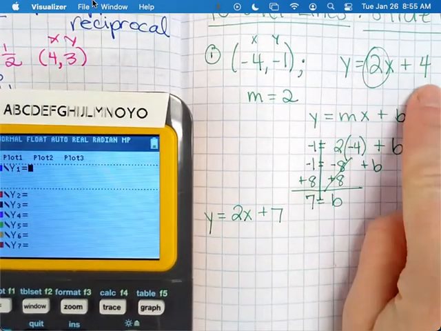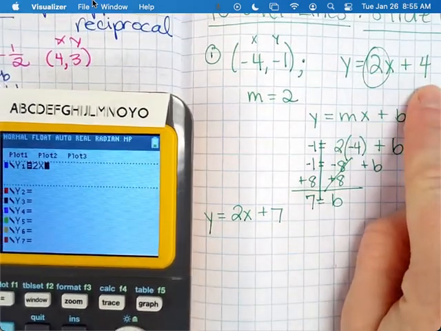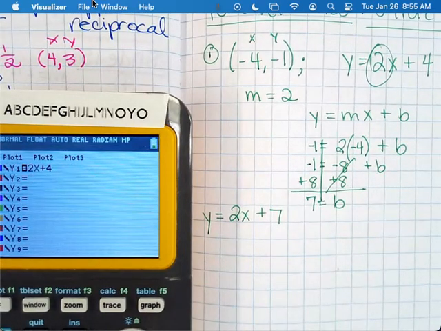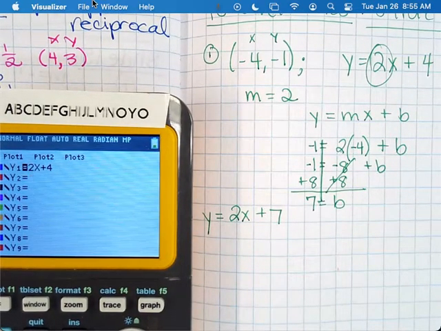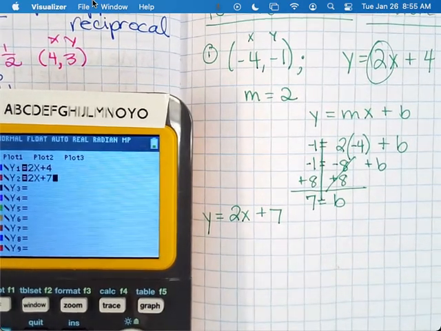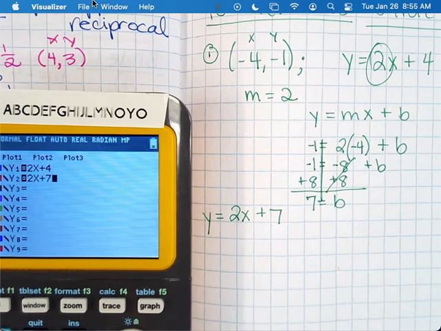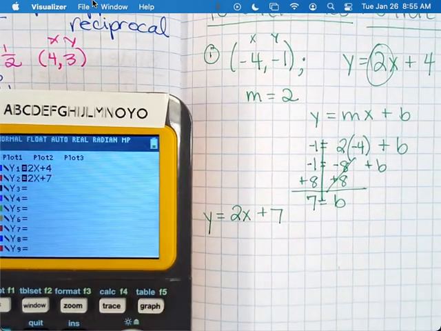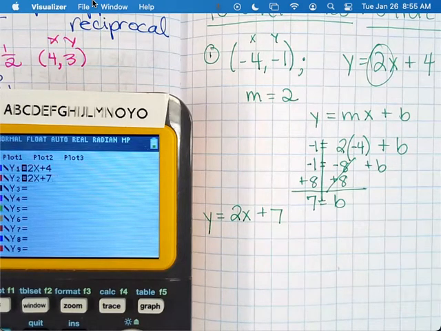This is the given information, 2x plus 4. And then our y2 is 2x plus 7. Hit graph.